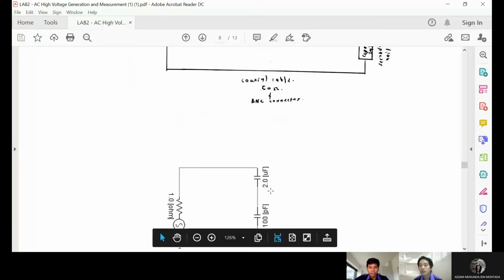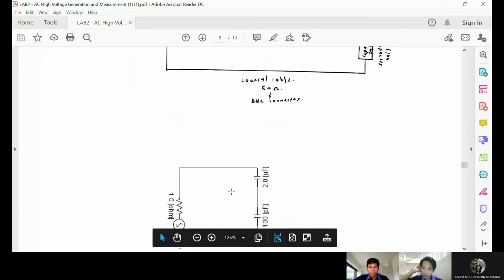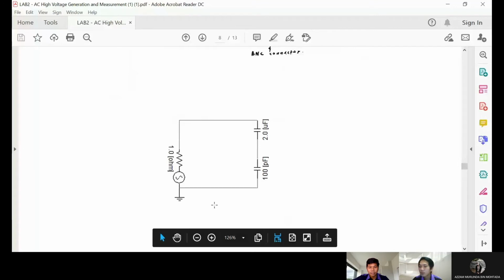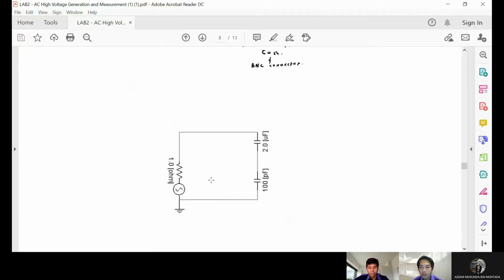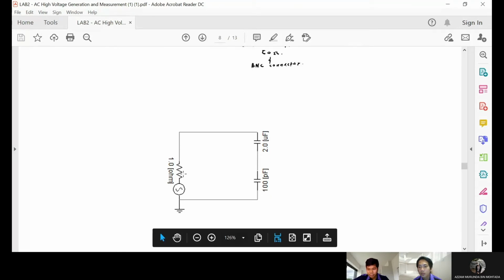And this is the circuit that we have set up in the PSpice.